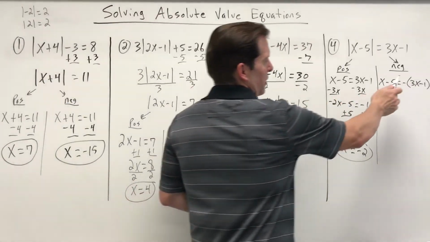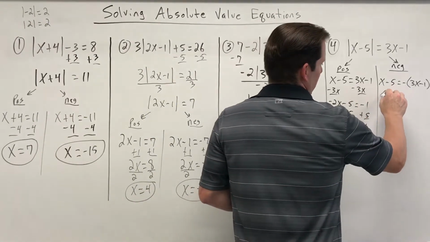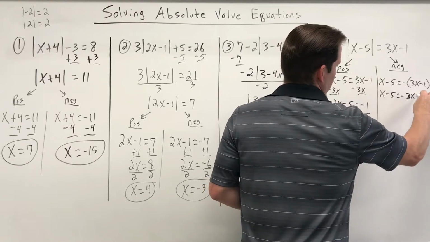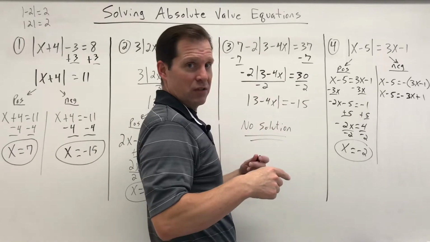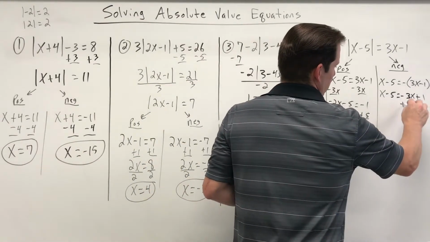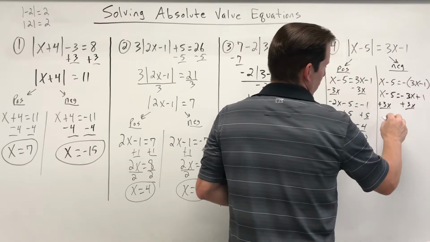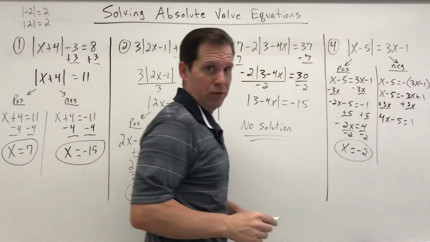Now over here, I have to distribute that minus sign. So I'm going to get x minus 5 is equal to negative 3x plus 1. And now do the same thing over here, move the x over to one side and continue to solve. So I'm going to add 3x. So that gives me 4x minus 5 is equal to 1.